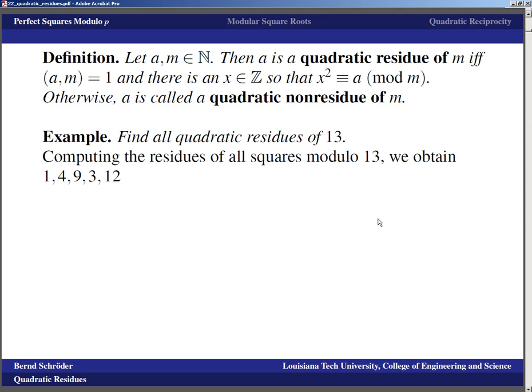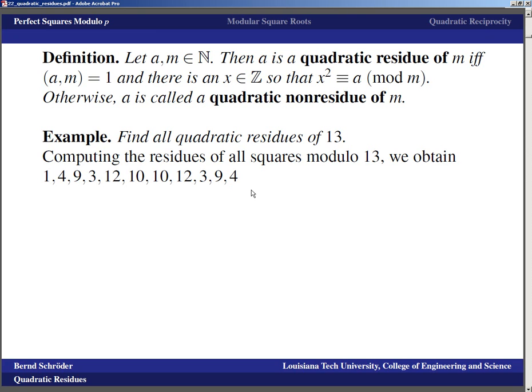6 squared is 36, which is negative 3, which ends up being 10. 7 squared is 49, which ends up being 10 also, modulo 13. 8 squared is 64, which is minus 1, which is again 12. 9 squared is 81, which should be 3. 10 squared is 100, and that is 9 off from 91, which is 7 times 13, so that should be 9. 11 squared is 121, which should be plus 4, because it's 4 off from 117.